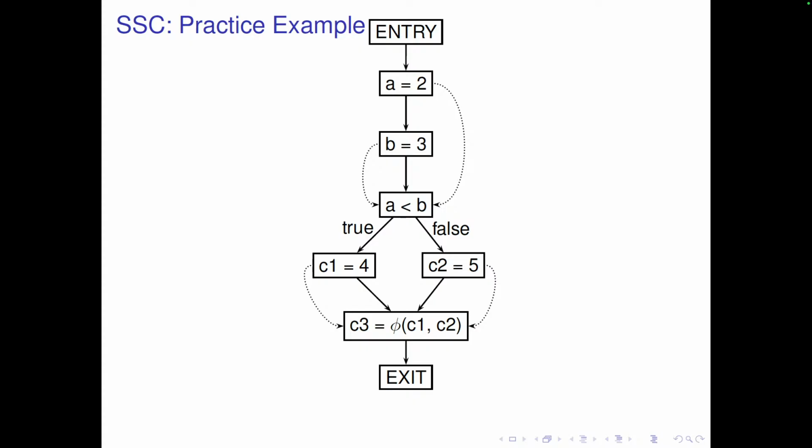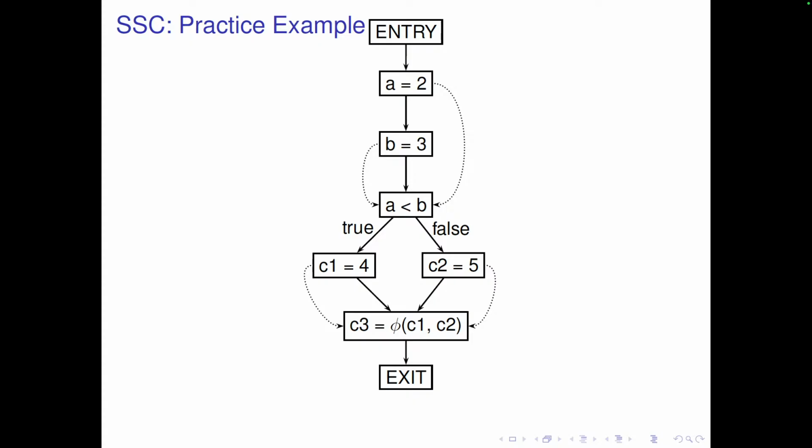E3 is the interesting case. E3 says C1 value is 4 here, C1 value is top here. Okay. So you have to update value of C1, so it becomes 4. What happens to C3? This value is still top. Okay.